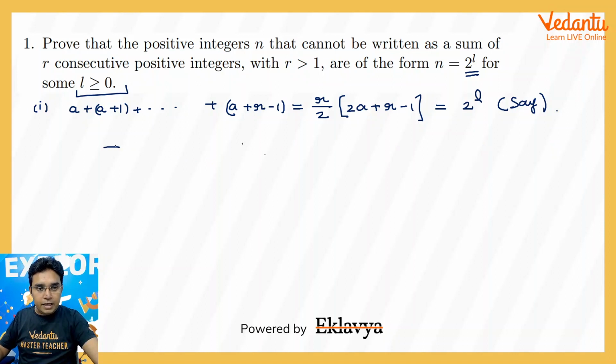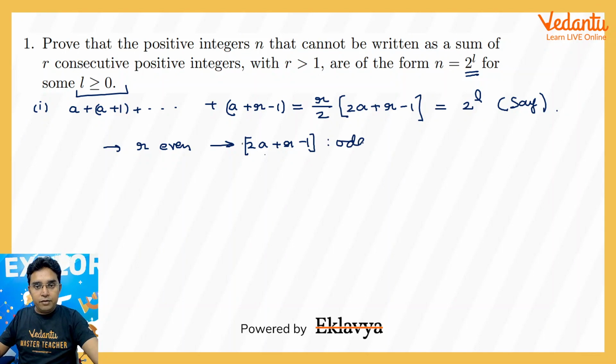Dear all, please see, if this is 2 power l, then r cannot be an odd integer, because if odd, then 2 power l doesn't have any factor that can be odd. So this r has to be even. And if r is even, then 2a plus r minus 1 will be odd, because 2a is even, a is an integer, r is even, so 2a plus r is even, minus 1 will be odd.